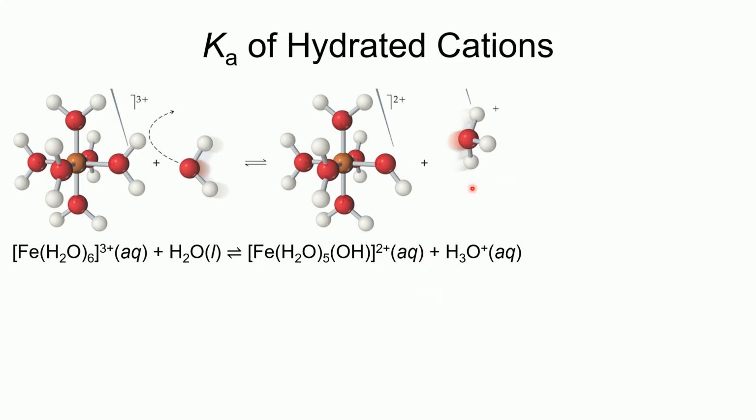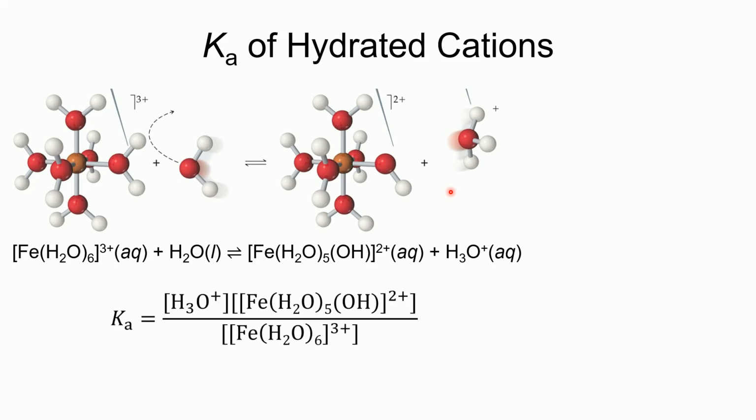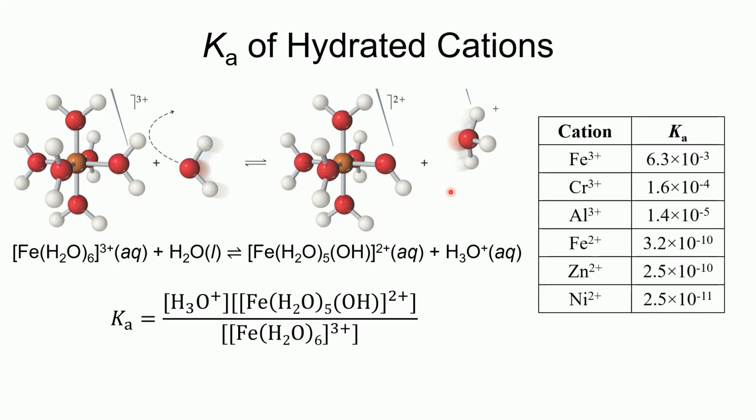We can describe how much this happens using an equilibrium constant like Ka. Here is our equilibrium constant expression. It looks complicated, but it's just like what we've seen with other Kas. It just has really complex looking species there. Then here are some Ka values for some of these ions.